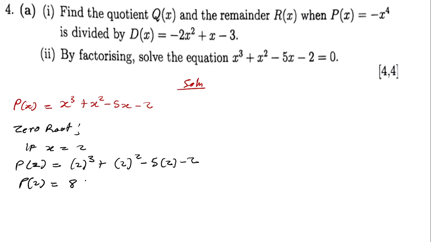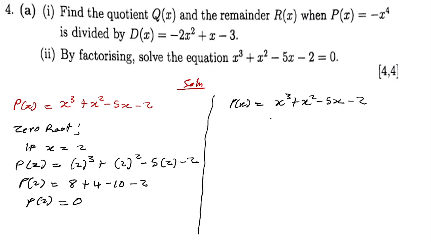You're going to get the coefficients. Your coefficients here are 1, 1, -5, and -2. By the way, I was supposed to check the degrees: 3, 2, 1, 0. So the degrees are all fine.